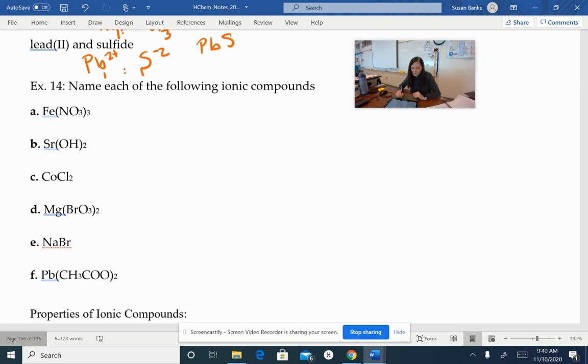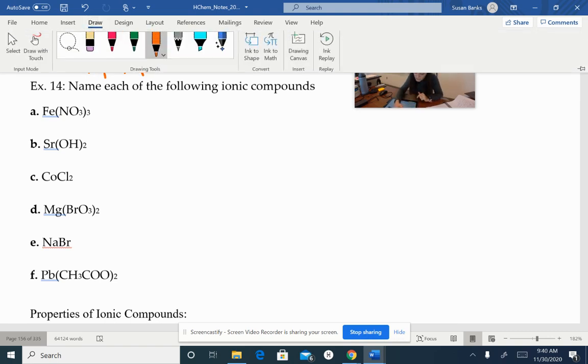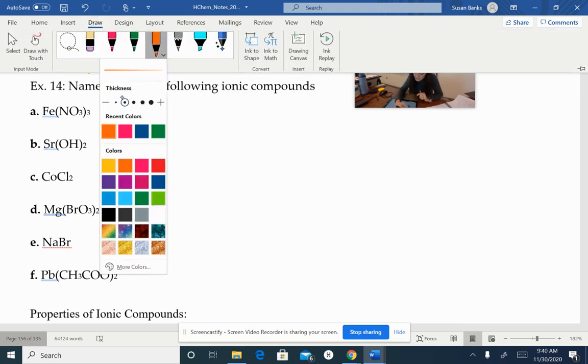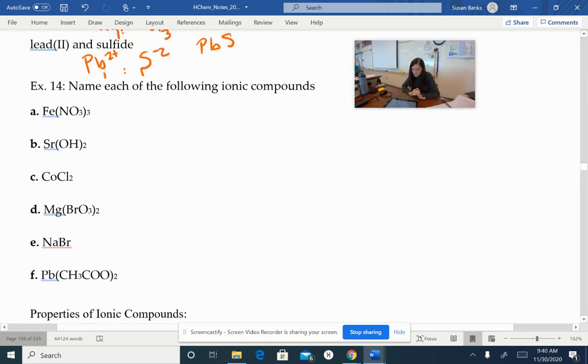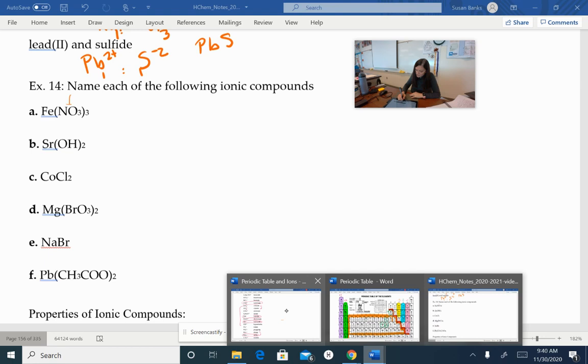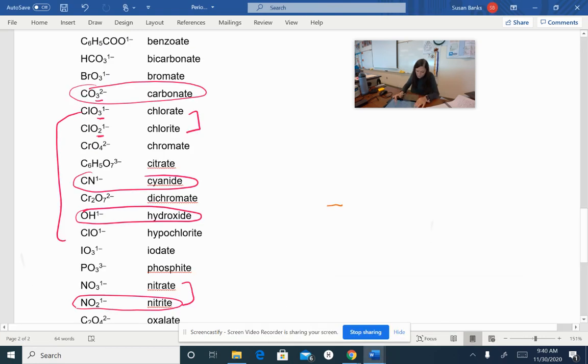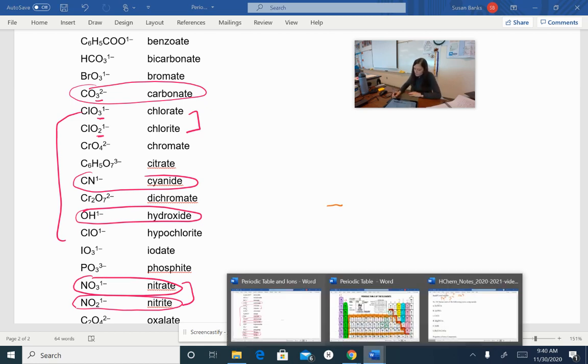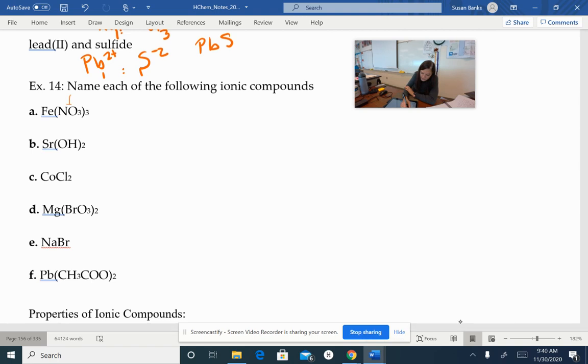All right, so iron here is not a polyatomic, but it is a transition metal. So we don't know what its charge is, so we need to look at what it's bound to. So it's bound to NO3. So let's look at NO3. I've got nitrate, and it's a negative 1.